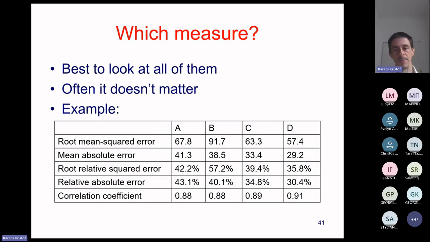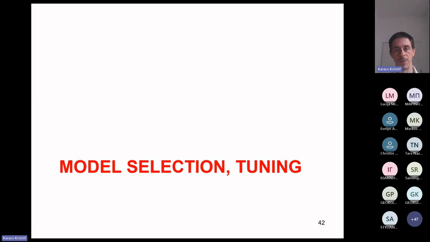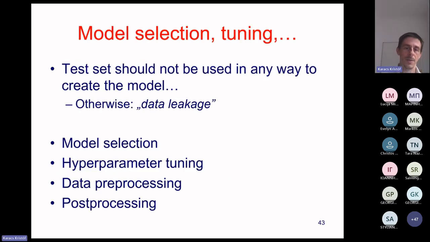And that already brings us to the second part of today's lecture, namely model selection and tuning. So, as I mentioned earlier, please always pay attention to use test sets that have no relationship whatsoever to selecting the model, because otherwise data leakage will compromise your performance.